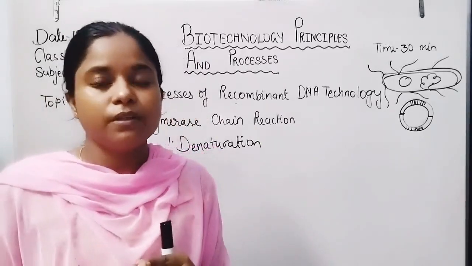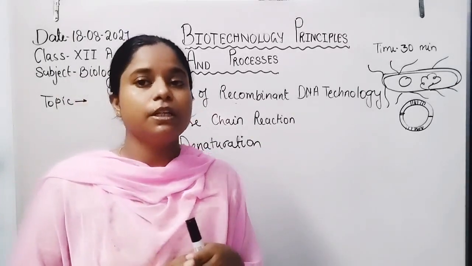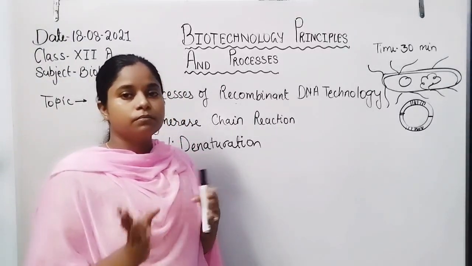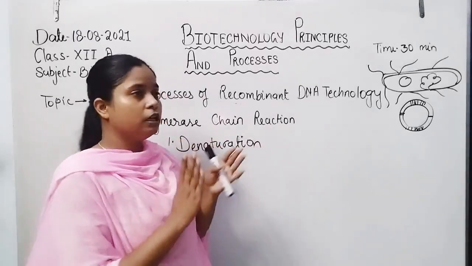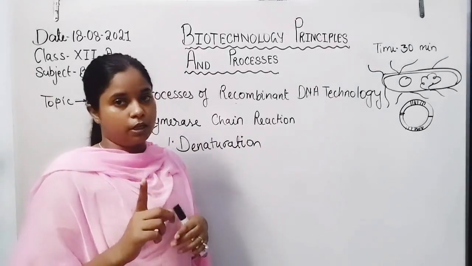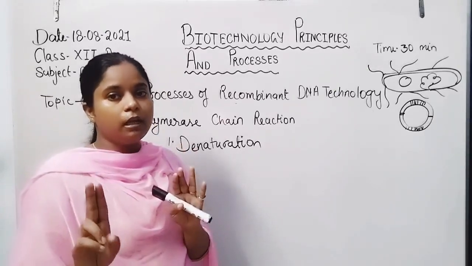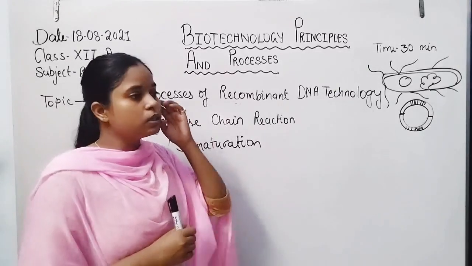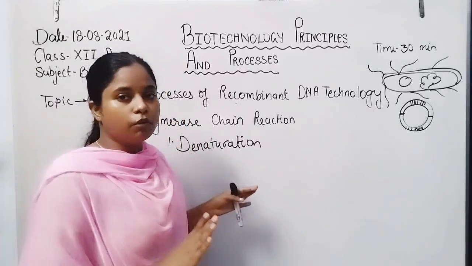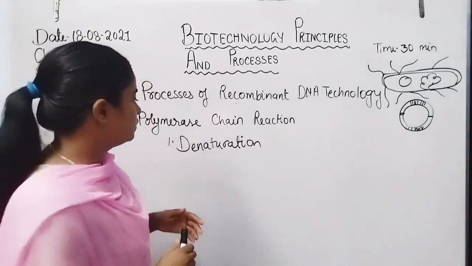The replication is semi-conservative: one strand in the daughter DNA is from the parent DNA, and the second strand is the only new strand. So in the daughter DNA there is no fully new DNA, because checking and conservation of genetic material is involved. That's why the semi-conservative rule is followed by DNA replication.